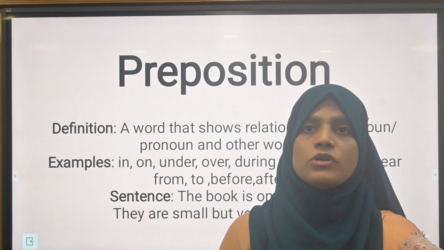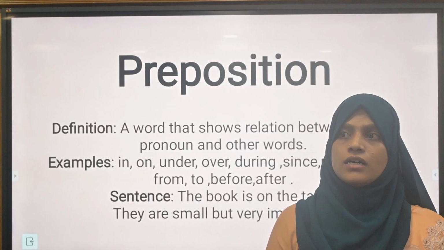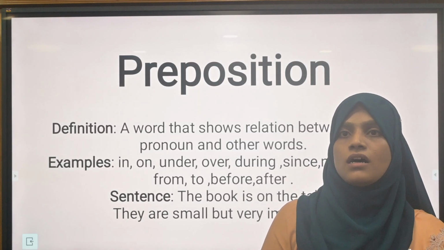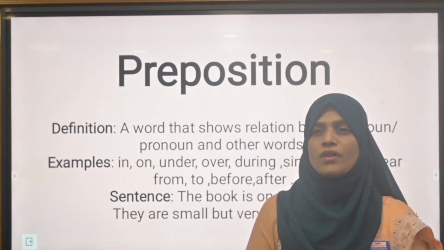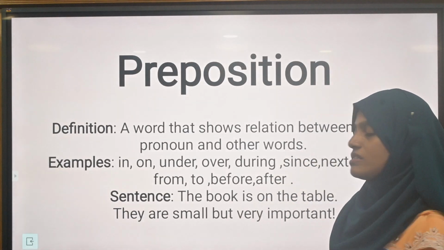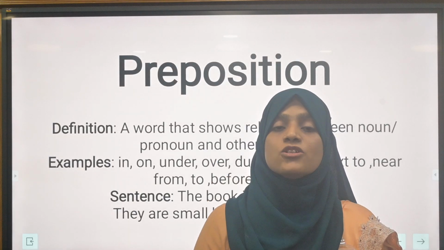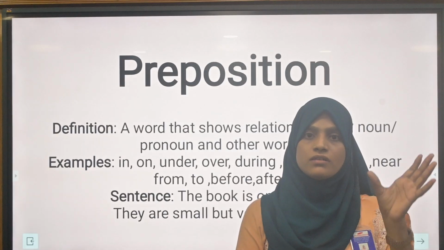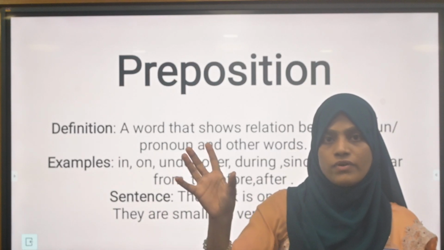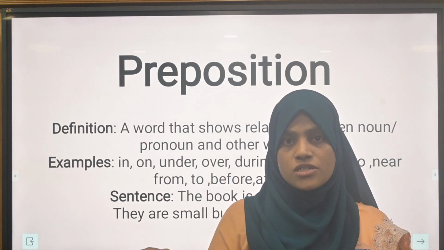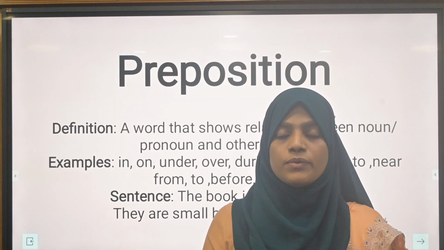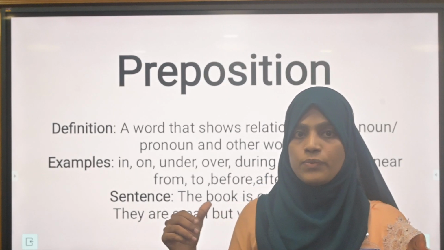We will use a preposition in a sentence: Tiruthangal Nadar College has been working since 1997. Here the word "since" shows the relationship between Tiruthangal Nadar College and the year when it was started. So a word which shows a relationship between two things is a preposition.